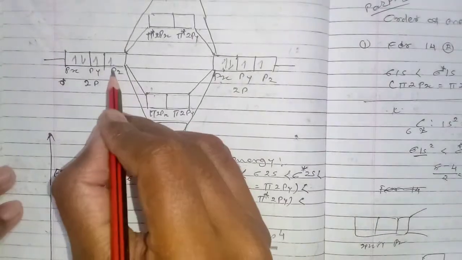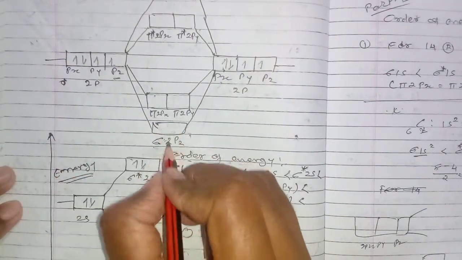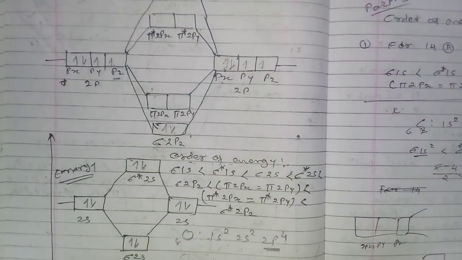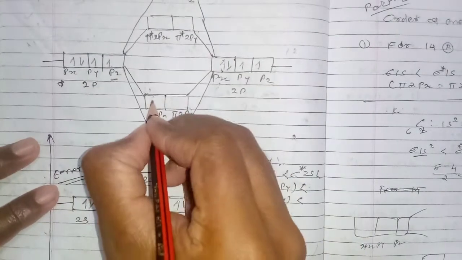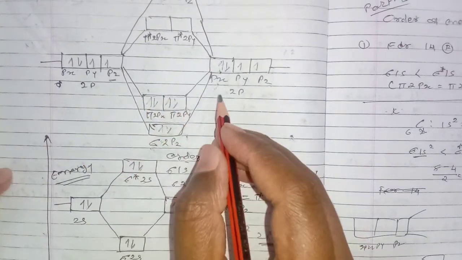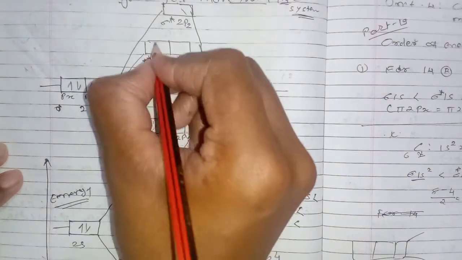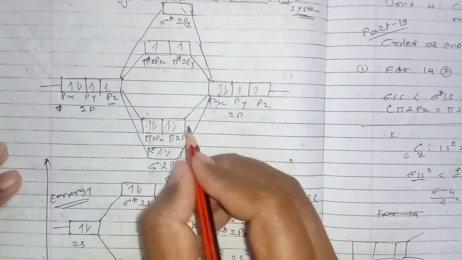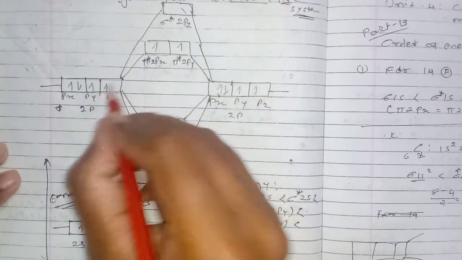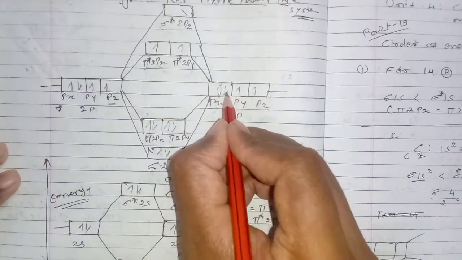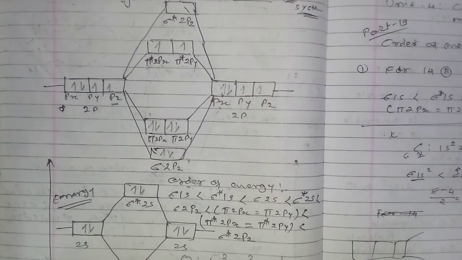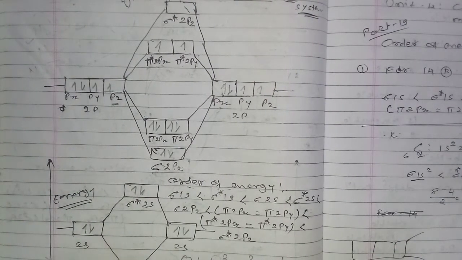Now from the 2pz orbital 1 electron enters, then 1 electron, and a single electron each in pi antibonding 2px and pi antibonding 2py.